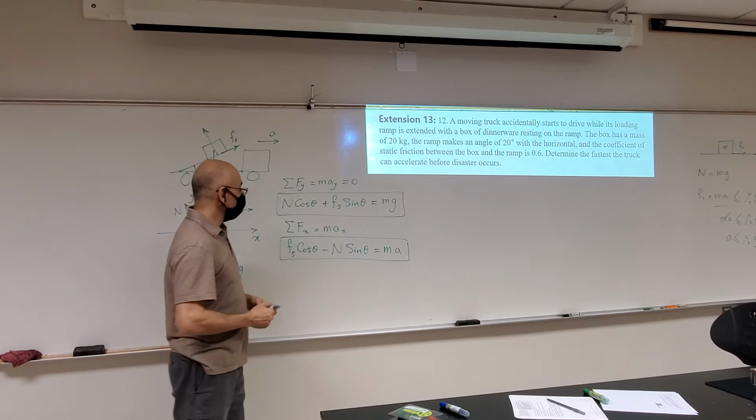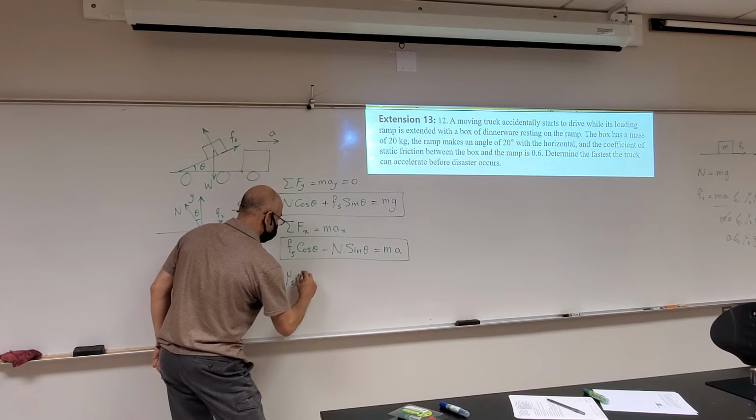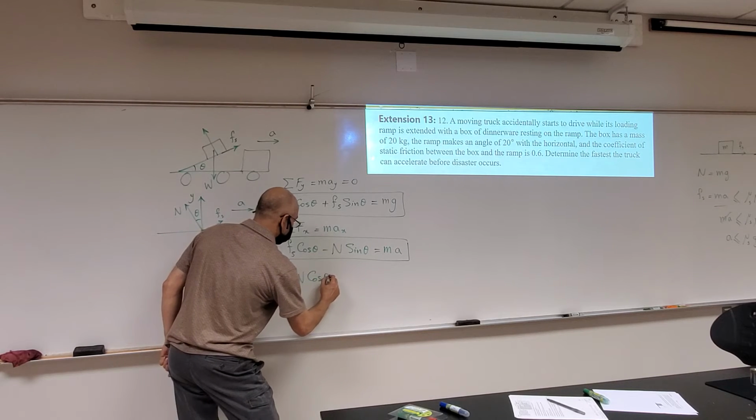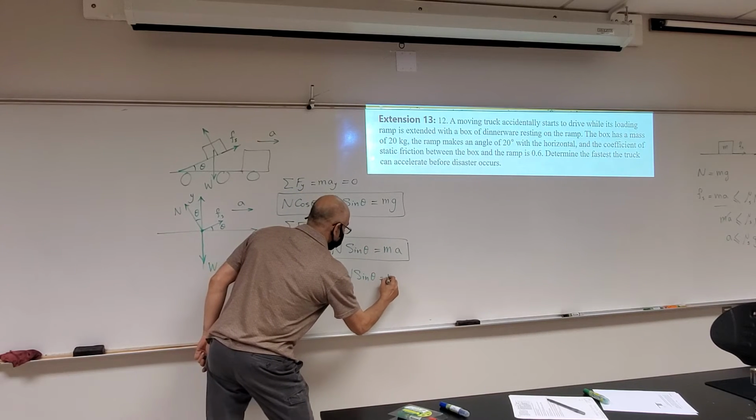So we get mu s N cosine theta minus N sine theta equal to m a max.